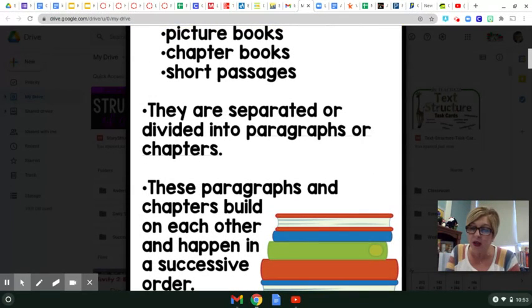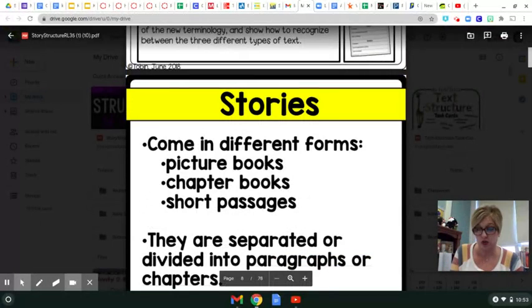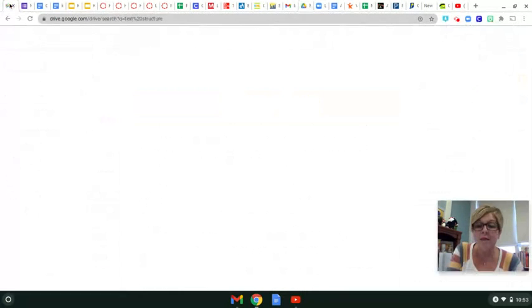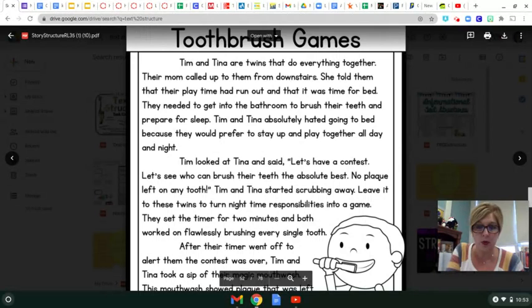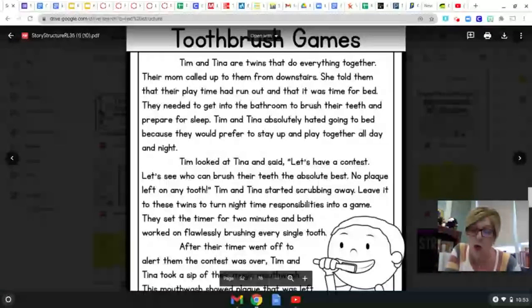And so when we read short stories or chapter books, it's important to know how it's laid out using this story structure. Today I have a story that we're going to read together, and we're going to talk about how it's laid out and a little bit about how we would understand it. Obviously, you're going to read this story a little differently than you would if you were reading a play or a poem or a nonfiction text.